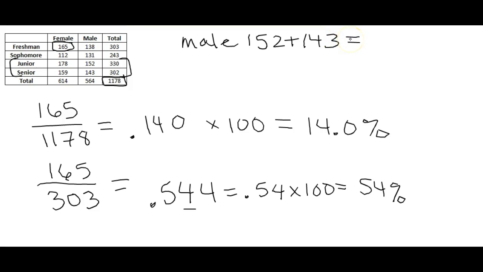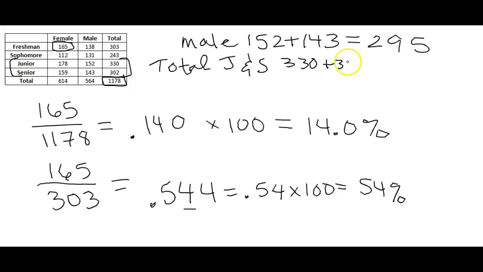Since there are two, we need to find the total amount of males, 295. We also need the total amount of juniors and seniors together. So that would be the 330 plus the 302. So this one we have to do a little bit of computation before we can then do the probability. So total amount of juniors and seniors is 632.